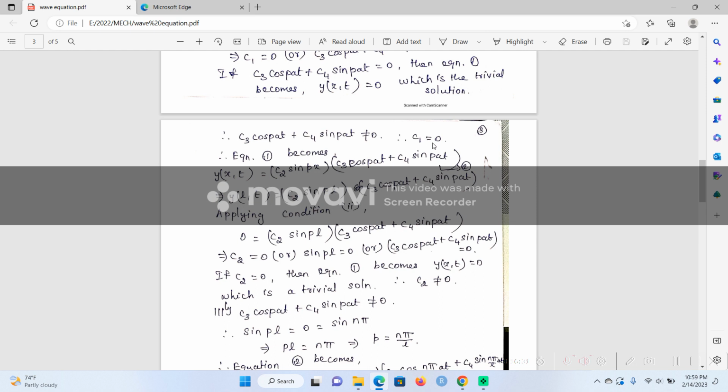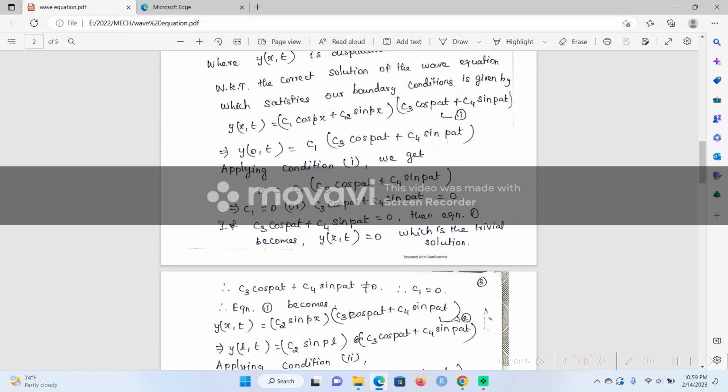So now we are going to change equation 2. Okay, so y of L comma t, wherever x is present, we have to substitute L. So substituting x value equal to L, we get C2 sin pL and C3 cos pat plus C4 sin pat. This is our y of L comma t.